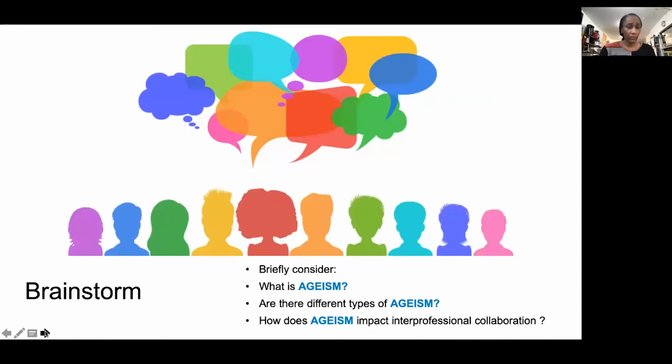What I'd like to do first is briefly start off with what we know. How do you define ageism? Anyone can unmute and jump in.